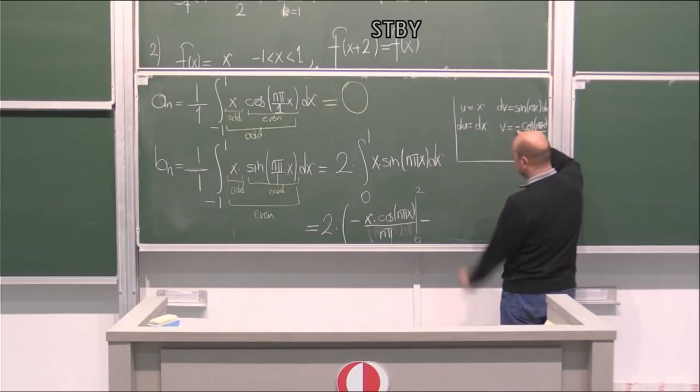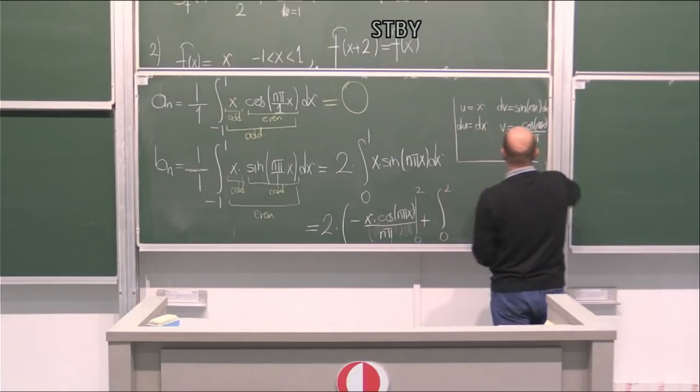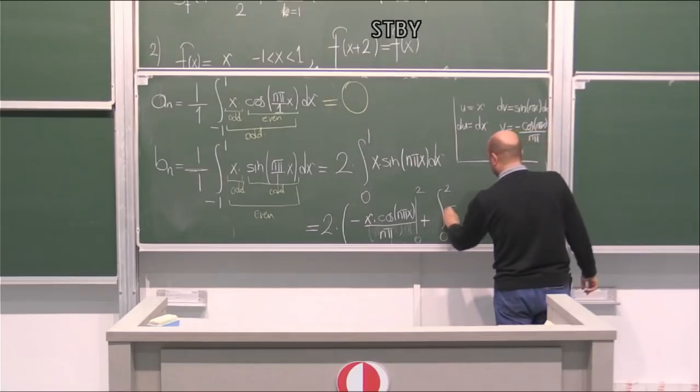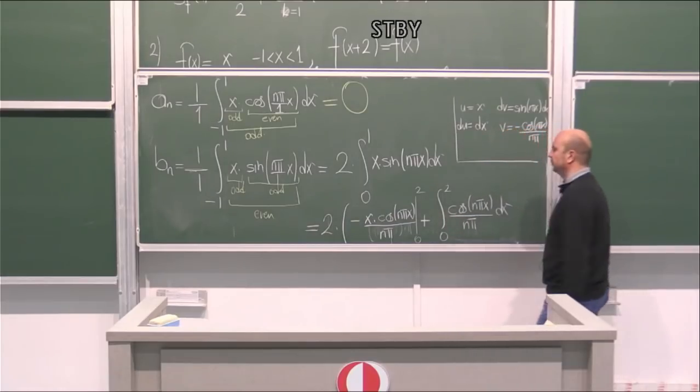But there's another minus, so it makes it plus: the integral of cosine n pi x over n pi dx.